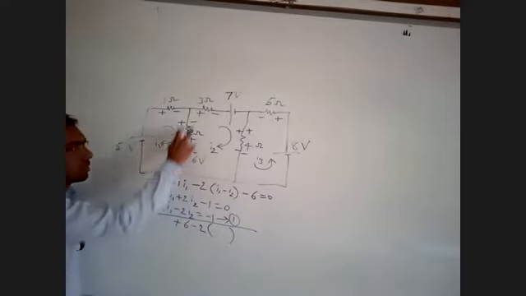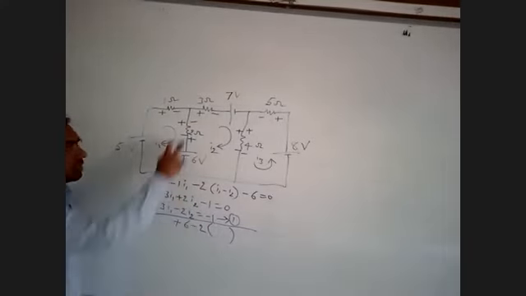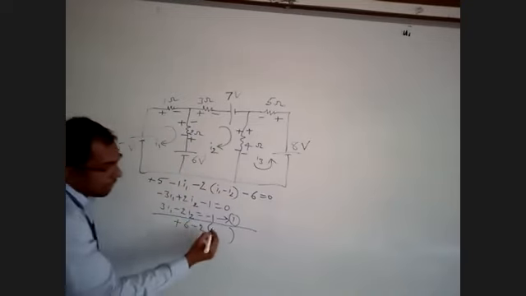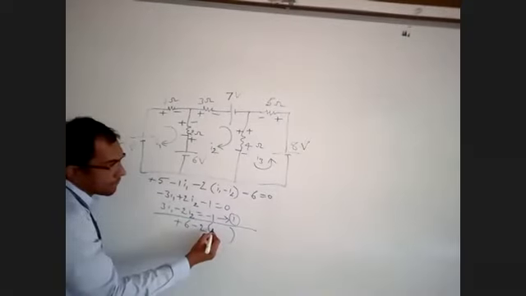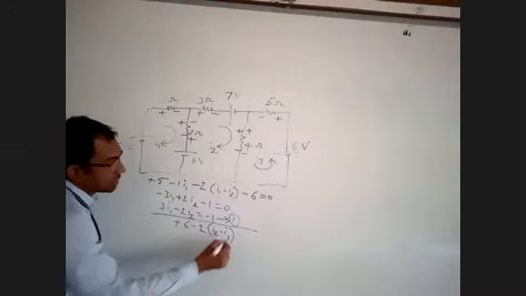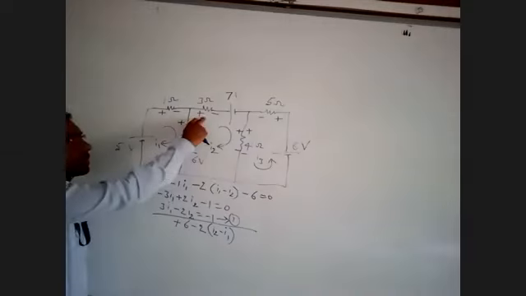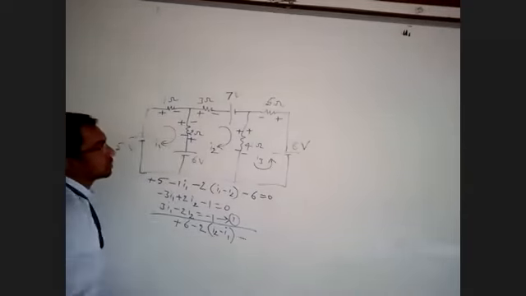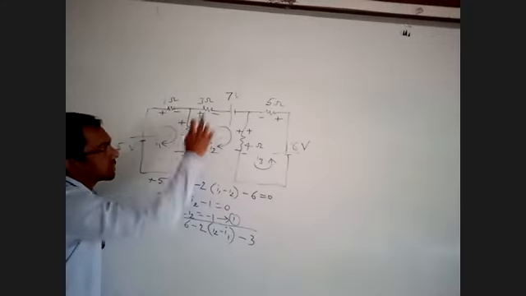What is the current? I2 minus I1. From plus to minus, so minus 3.